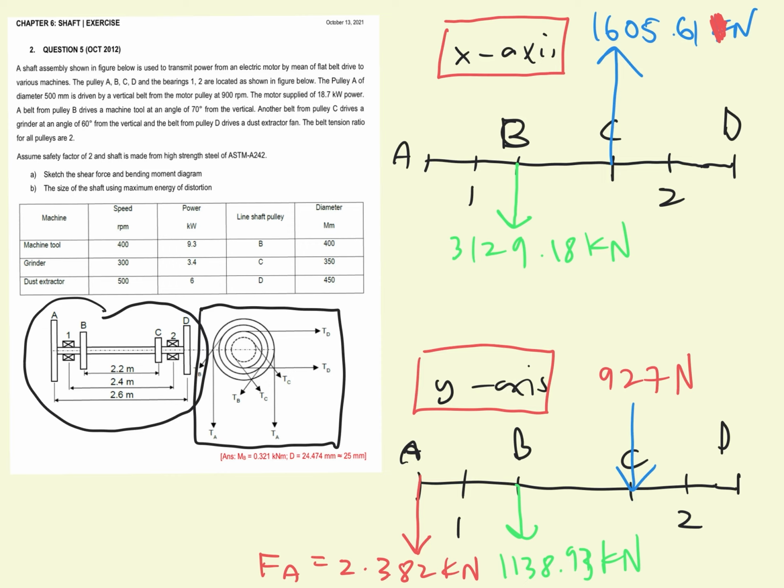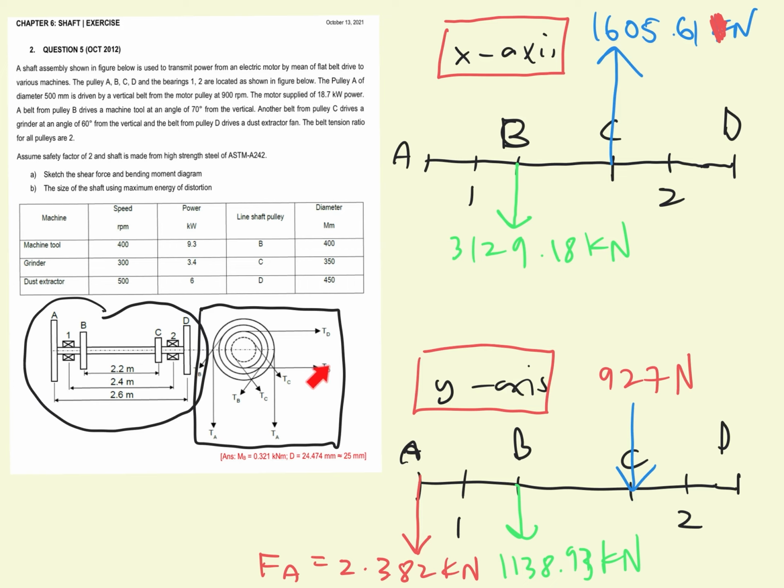Okay. So now the last pulley that we need to find is pulley D. If you see from this diagram, for pulley D, the direction of the belt is only on the x-axis.